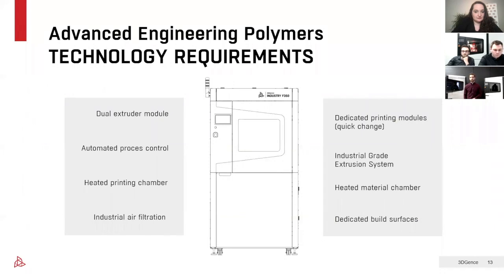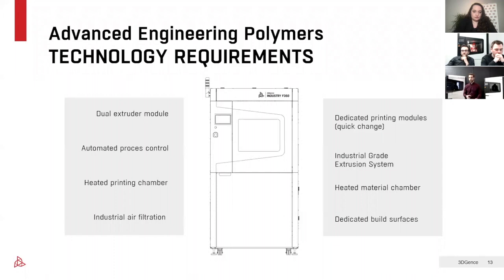So to print objects, as Philip described with the materials, there are some technical requirements for the machine as well to be able to create the parts with the mechanical properties desired for these materials. One of the things is the dual extruder modules. Then you can use dedicated support solutions, which will not only save you time on support removal, but also enable more complex geometries and wider adoption of the technology.